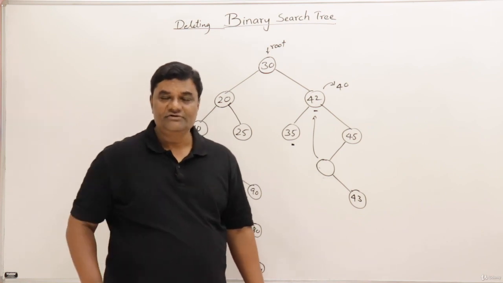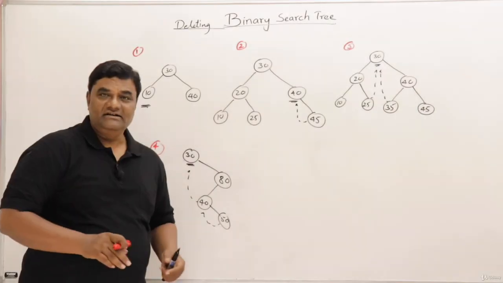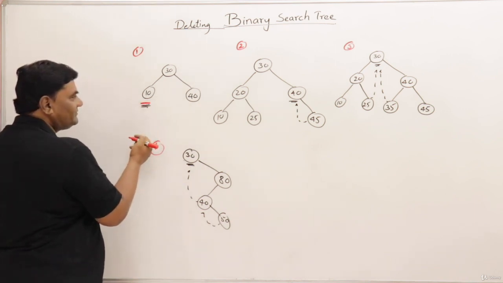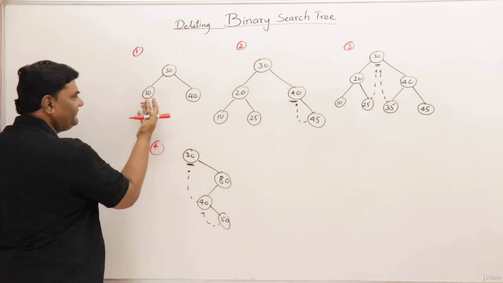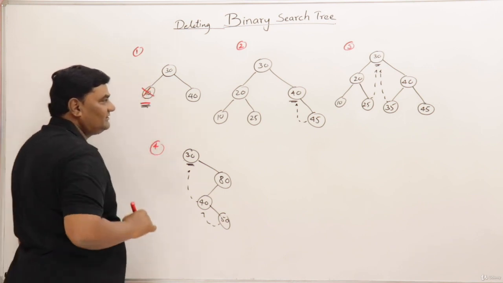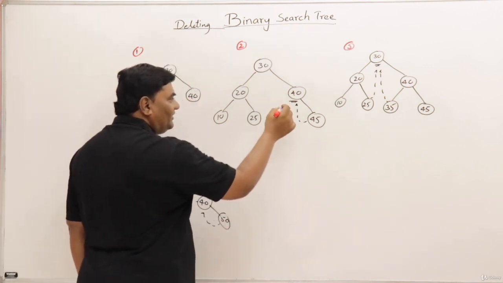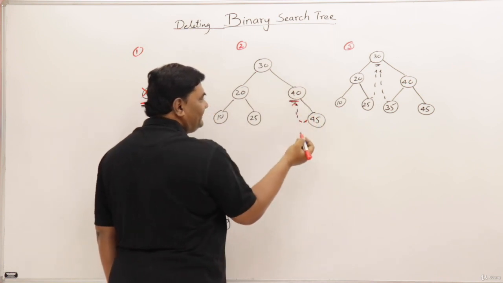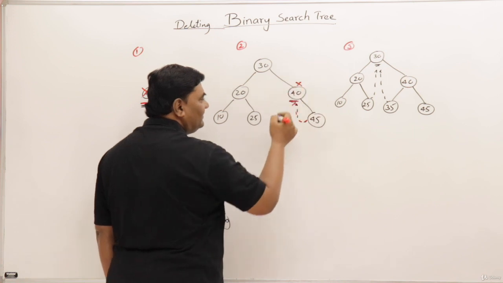Once again, I will show you what all we have done. Let us look at these cases. If you are deleting 10, there is nothing below 10. This is a leaf node. Simply delete 10. Second, if you are deleting 40, then 40 has one child. So let that child take its place and delete 40.